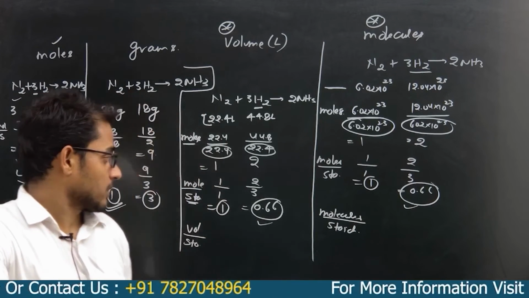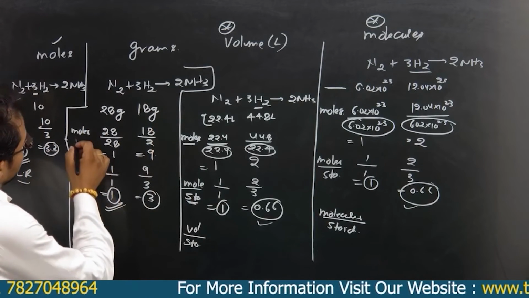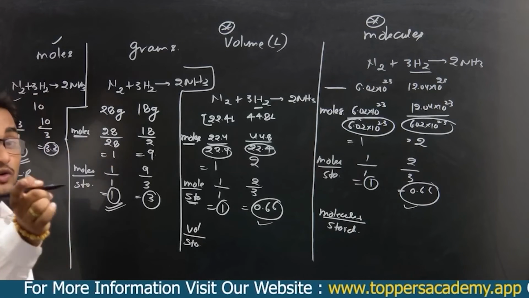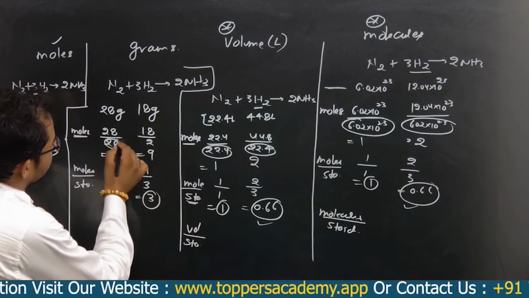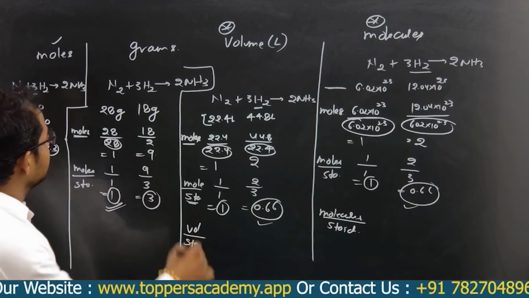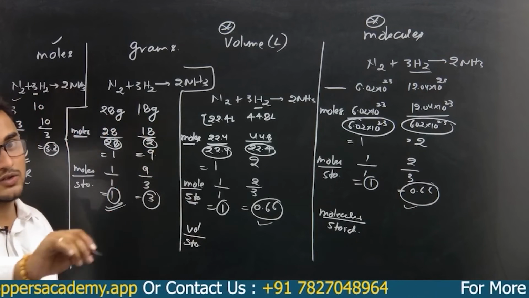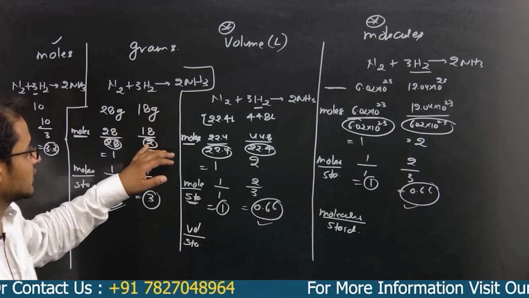See, in this case when we were finding the number of moles, we divided by two different numbers. The molecular mass for N2 was 28, and the molecular mass for H2 was 2.